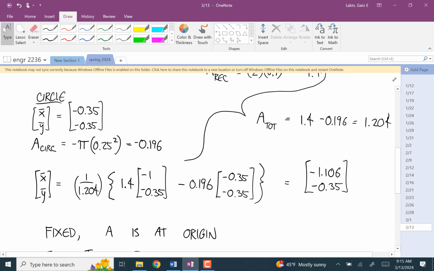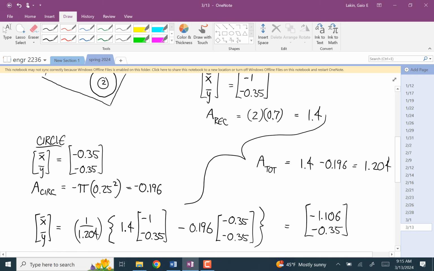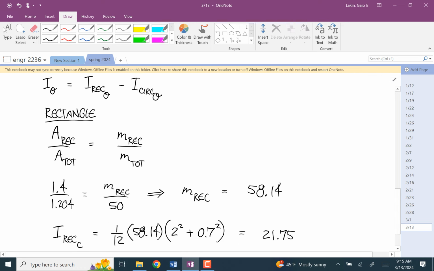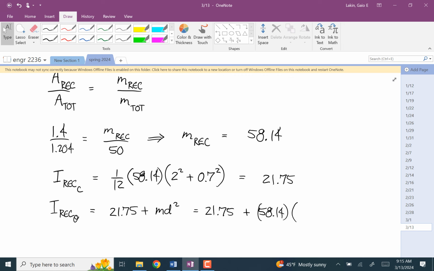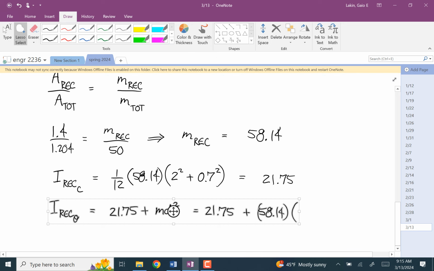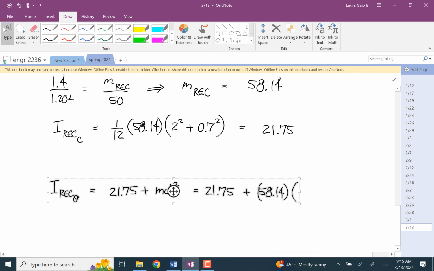Okay, so here is the centroid of the rectangle. I should put another step in here. The centroid of the rectangle is located at -1, -0.35.